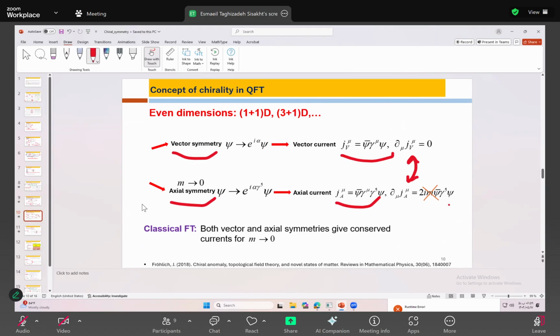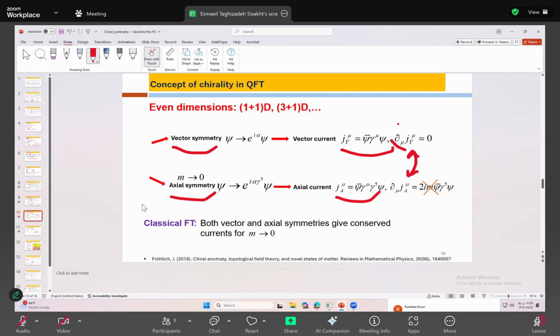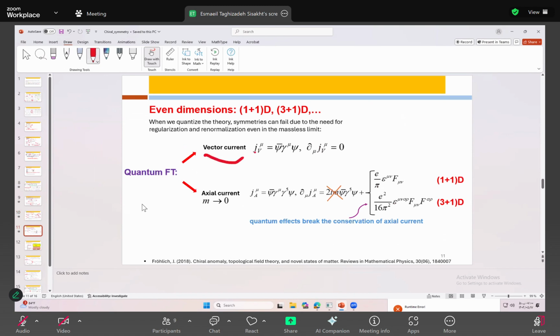But if we think about the massless limit, and when we want to quantize the theory, I mean, when we want to treat the problem using quantum field theory, the previous continuity equation for the first one, the vector current, is satisfied again. There is no problem.